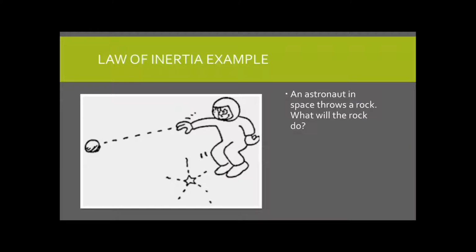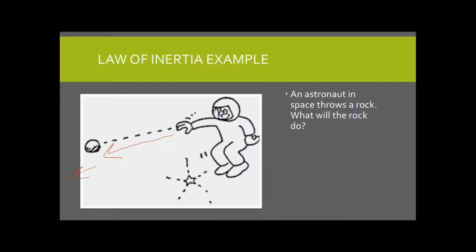So let's go through some examples now. If an astronaut is in space and throws a rock, what's going to happen to the rock? Well, if you look at it, he's throwing the rock in this direction. So he's in space, no friction, no gravity. The rock is going to continue in this motion until something stops it.